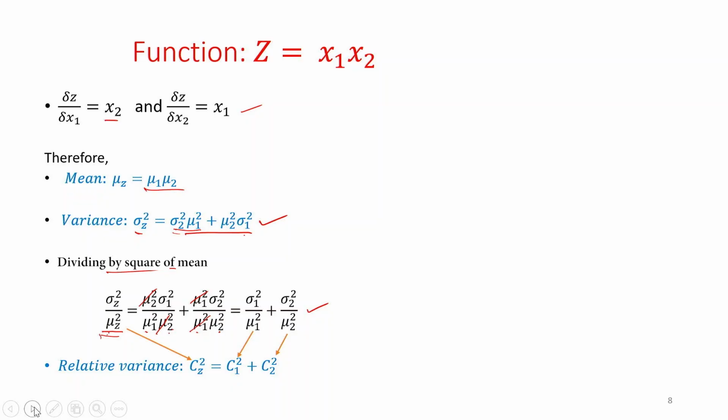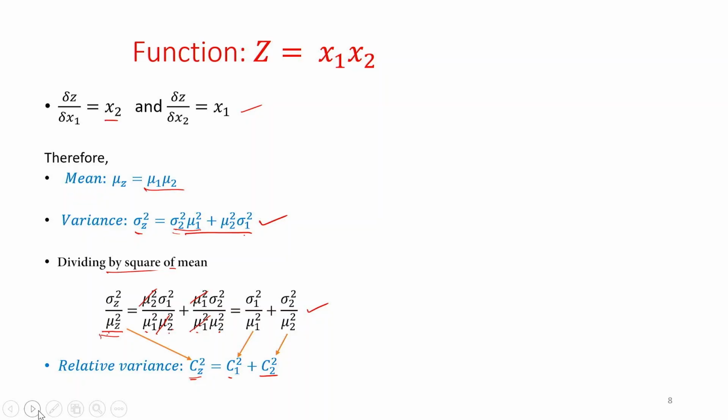So when the functional relationship is a product, the relative variance of Z becomes the sum of the relative variances of individual variables x1 and x2. So C square Z equals C1 square plus C2 square.